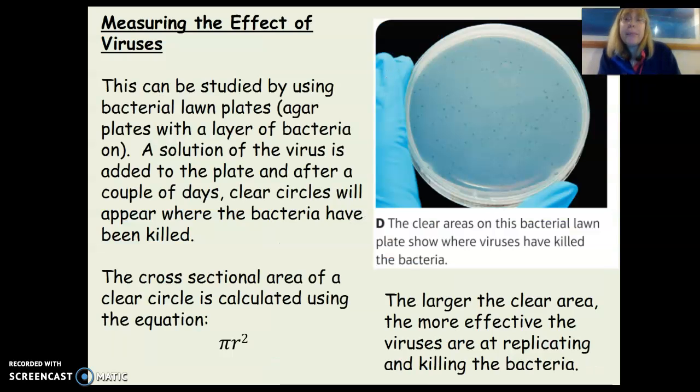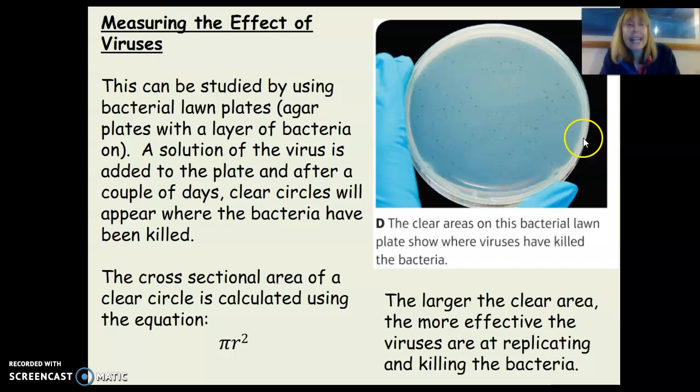Okay, so we need to be able to measure the effect of viruses, which viruses divide very quickly, are fast-moving viruses, and which ones are slower. And we do that with the help of this experiment.